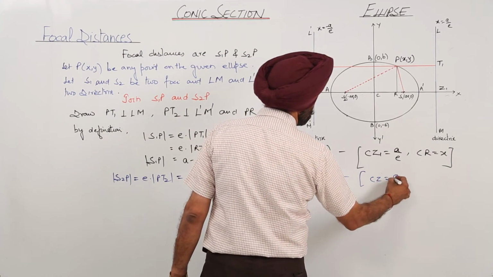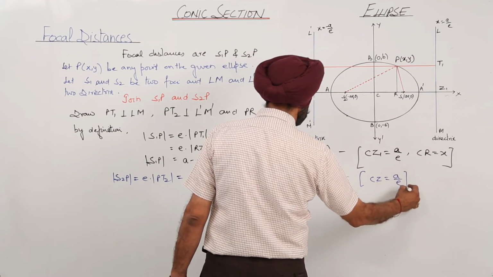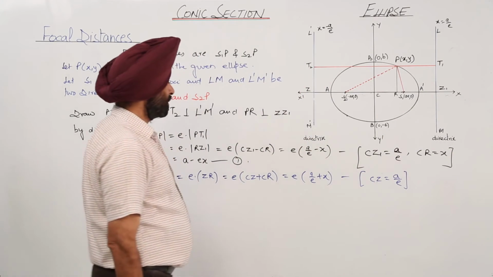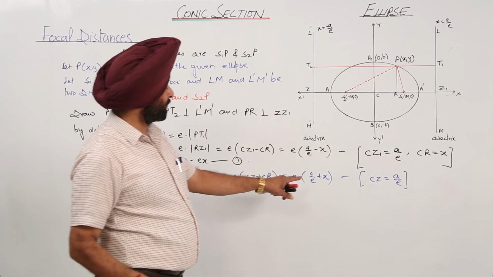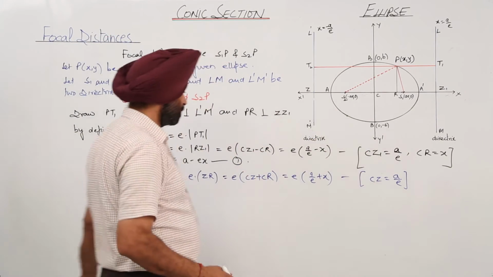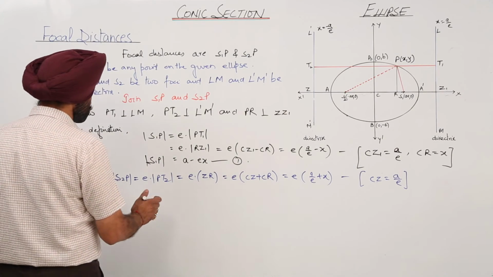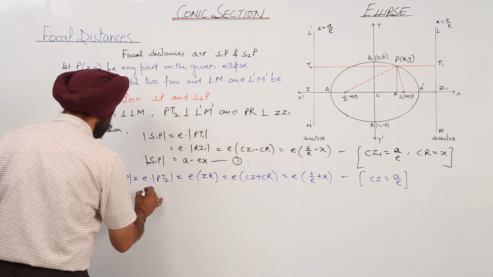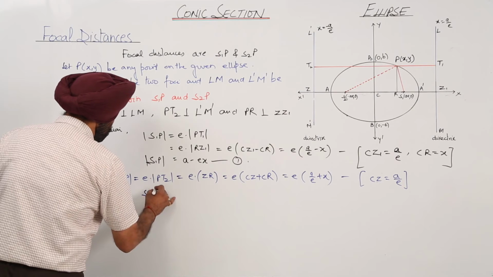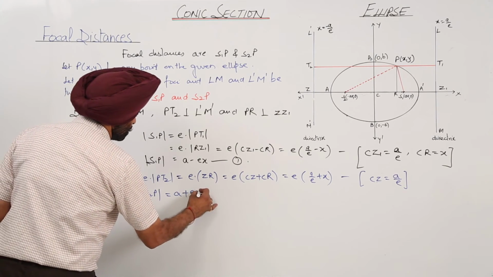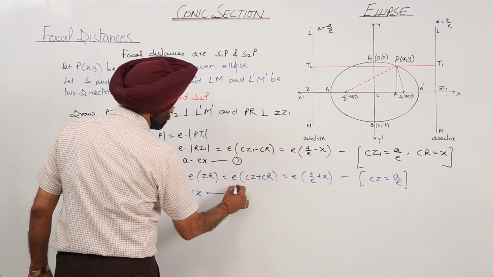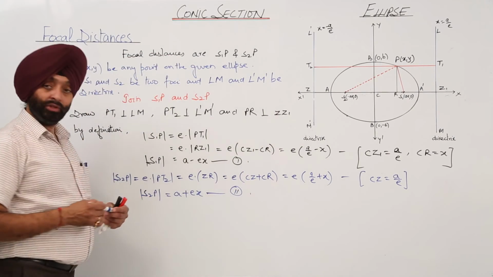CZ is equal to a/e. We are just taking distances, that's why we are not writing negative or positive. So S2P is equal to a plus ex. Second, so we have these two things.